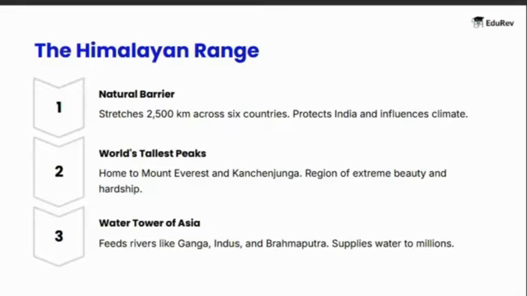It is also known as the water tower of Asia because it feeds rivers like Ganga, Indus and Brahmaputra and supplies water to millions of people.